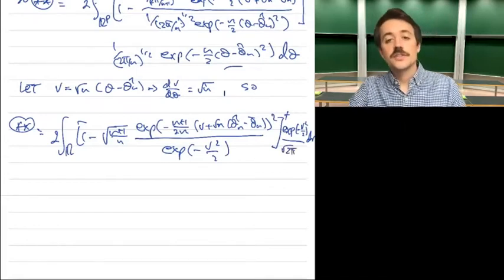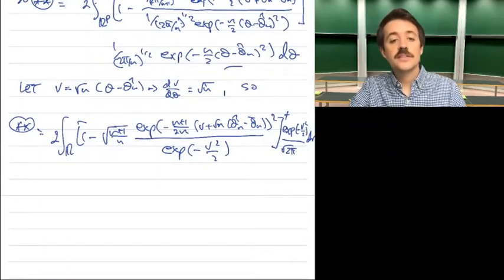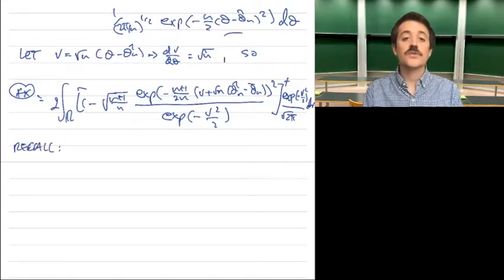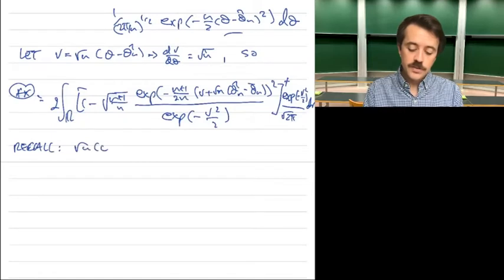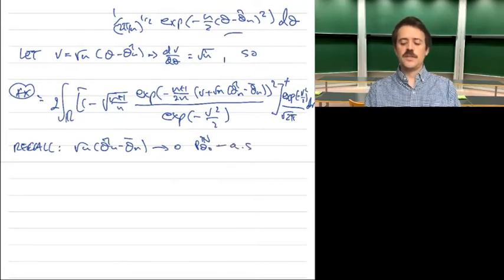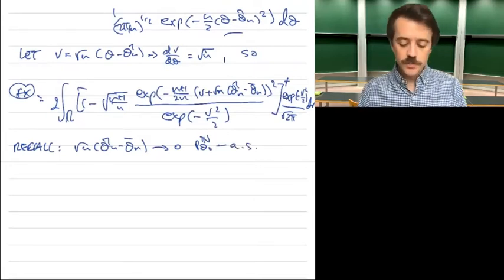Okay, so what can we say here? Well, there is something that we showed, and this is what I was referring to. So let's recall the following: the square root of n times theta n hat minus theta n bar goes to 0 almost surely under theta naught n. We saw this, I think, in the last lecture, if not the previous one.